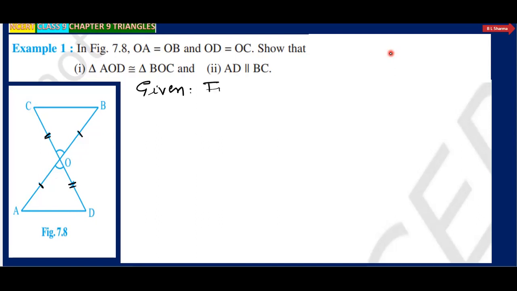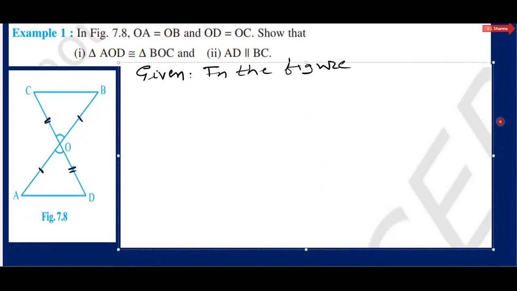Given: in the figure, OA is equal to OB, it is given, and OD is equal to OC, it is given.